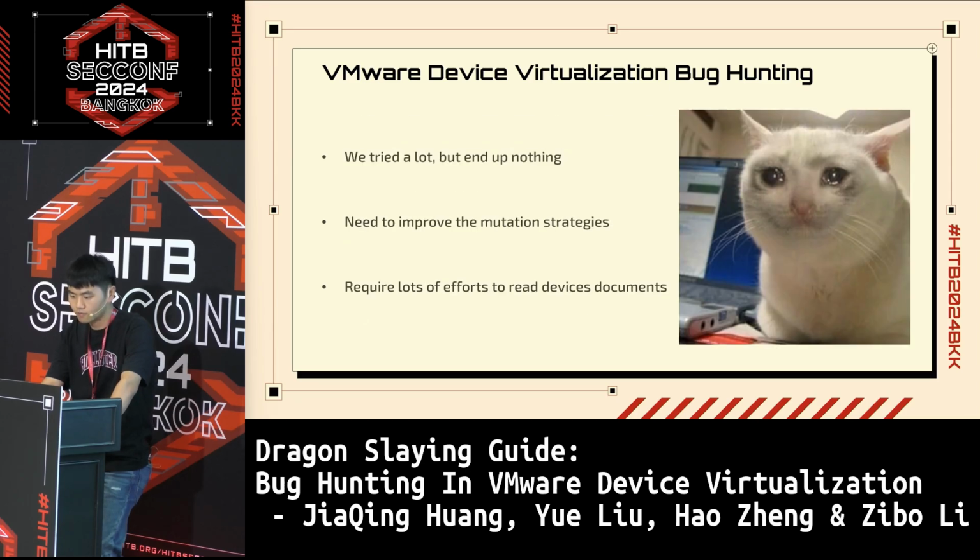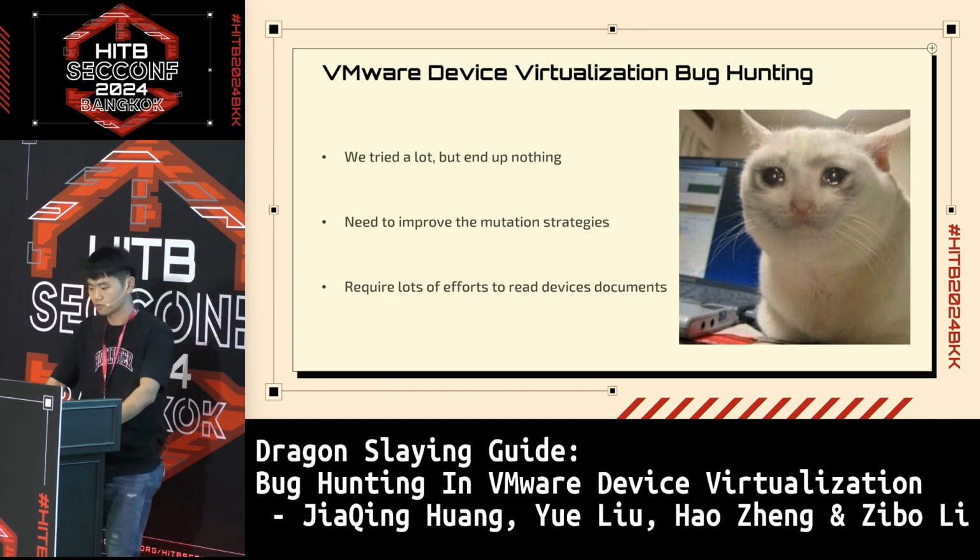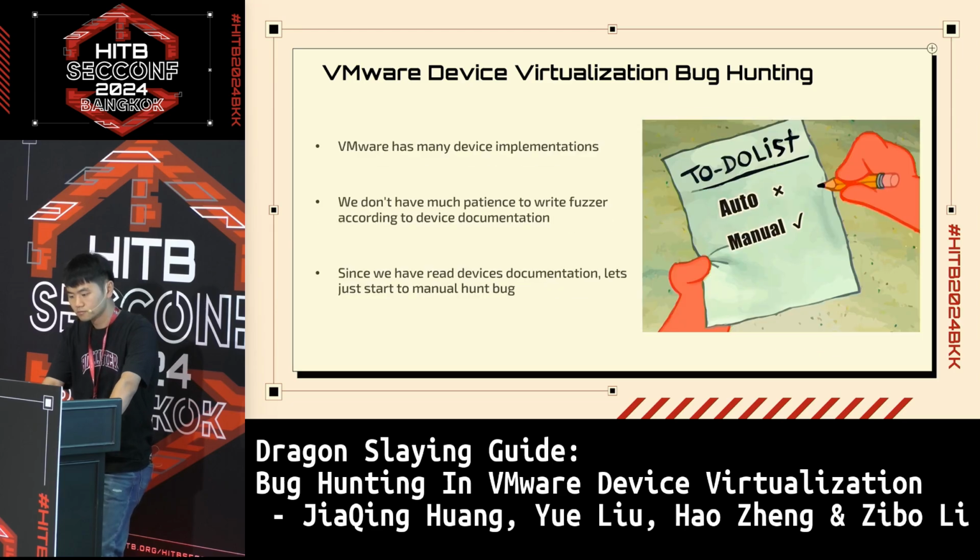Although we put lots of effort into fuzzing, we didn't get good results. If we want to improve the mutation strategies, we need the right code that meets the specifications of the different devices. We don't have much patience to improve our fuzzer.